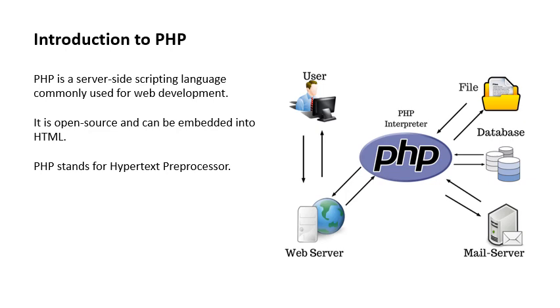Through the request, the PHP interpreter goes into this, and then there is a database. Through the query, the data is retrieved, and then there is the mail server. This is a simple understanding of PHP, which is nothing but Hypertext Preprocessor.